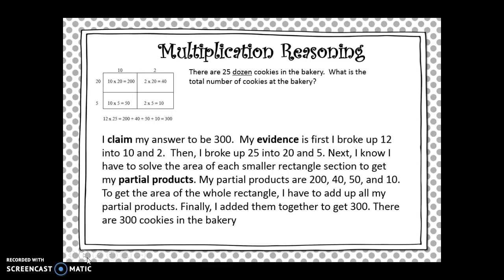To get the area of the whole rectangle, I have to add up all of my partial products. Finally, I add them together to get 300. There are 300 cookies in the bakery. This reasoning and this written response supports my answer or my claim that my answer is 300.